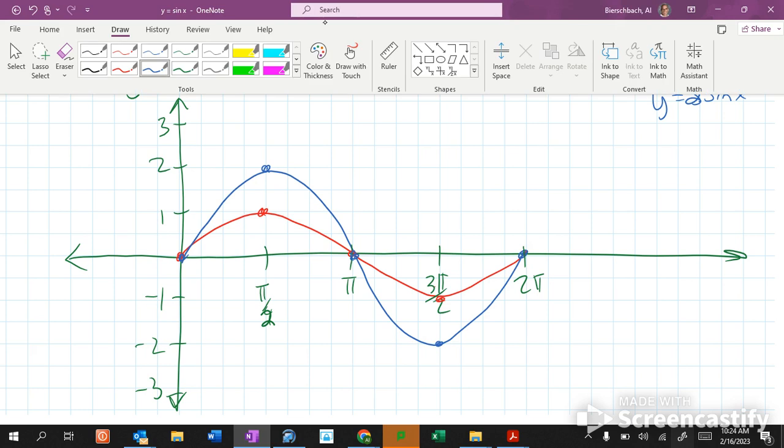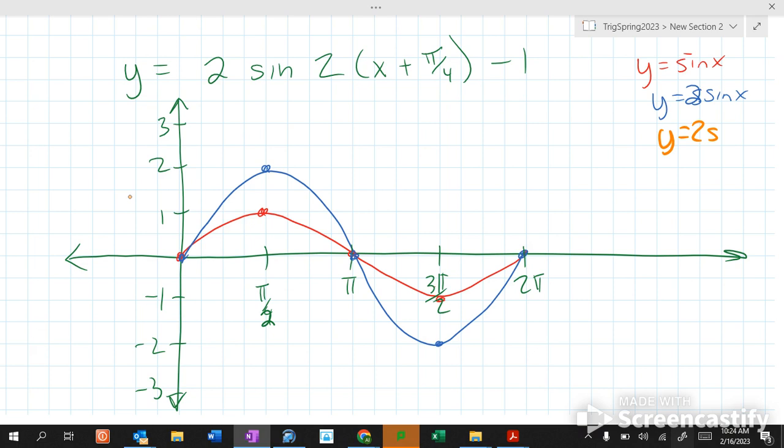Then I'm going to graph y equals 2 sine of 2x. What's that 2x going to do? Make it twice as skinny.